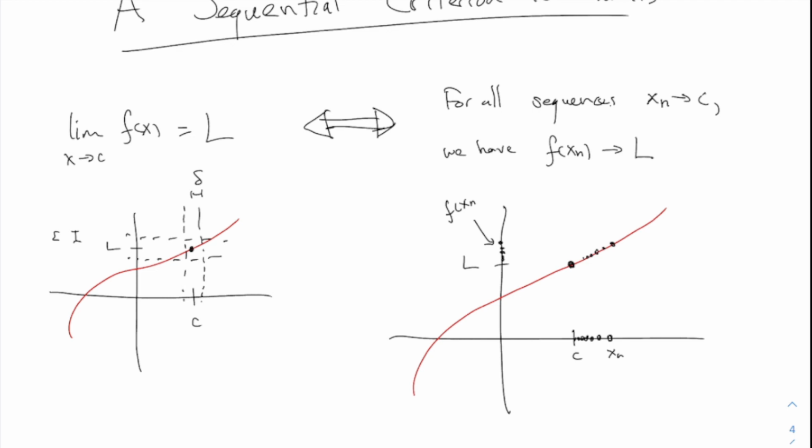Now, the one on the right is actually pretty bad to use to prove that a limit of a function exists. If I have to prove the limit of a function equals something, I'm going to use the one on the left every time. But actually, the one on the right is very convenient to prove that the limit does not exist. The one on the left is actually not very easy to use to do that.